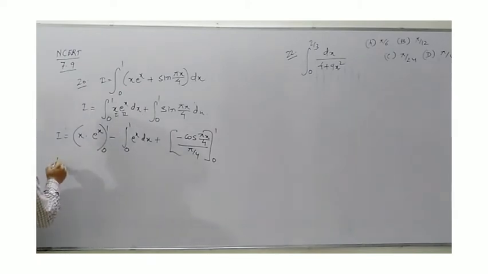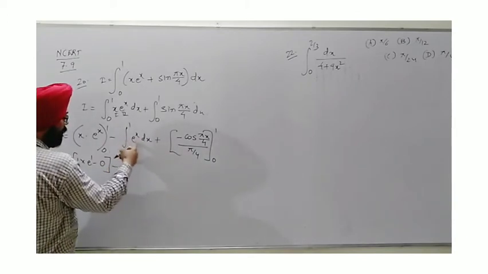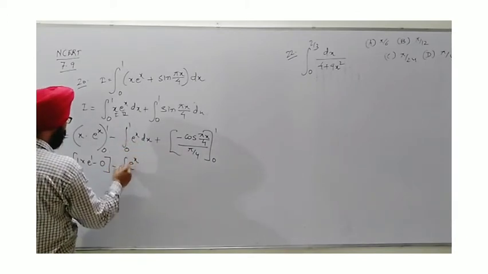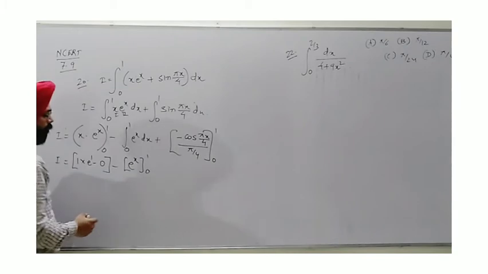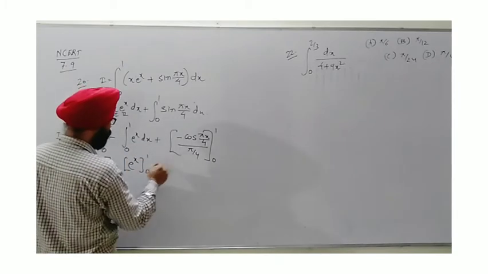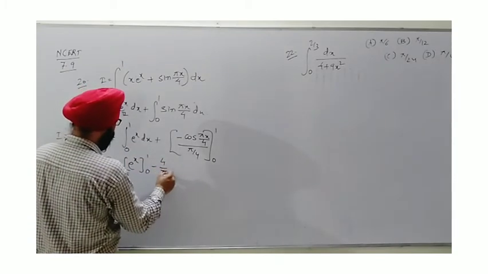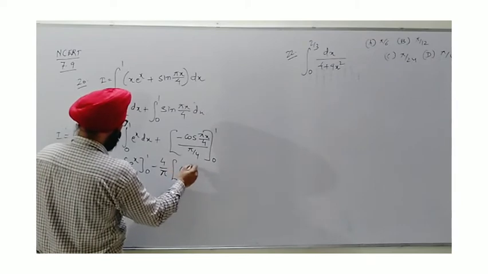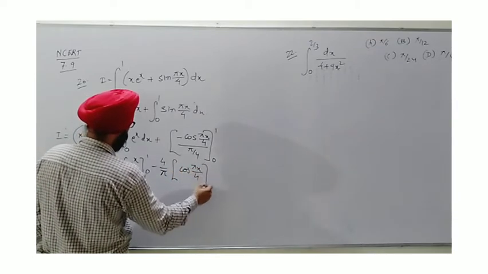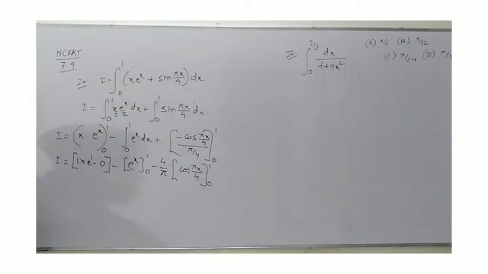Now solving, if I put 1 here, we get 1 into e raised to the power 1, minus 0 as the second term. The rest, the integration of e^x, remains e^x from 0 to 1, and this portion we can write as minus 4 upon pi cos(pi x by 4) from 0 to 1.